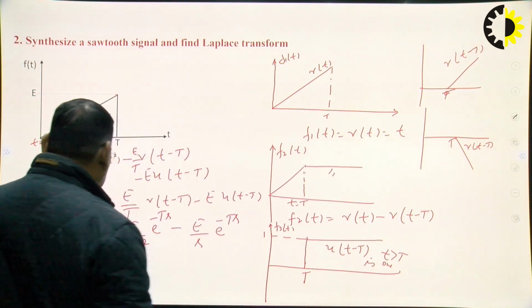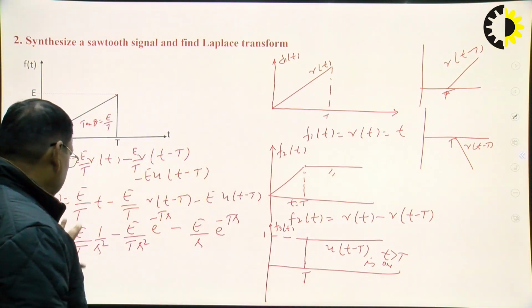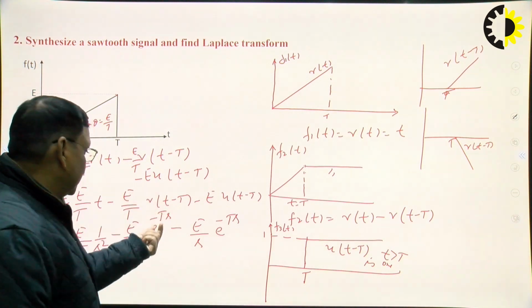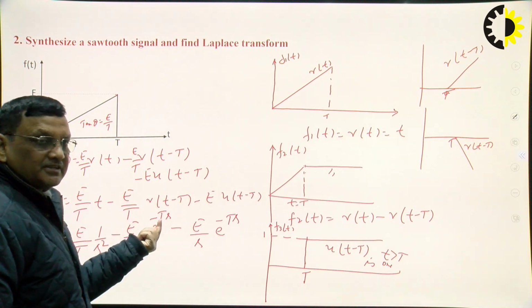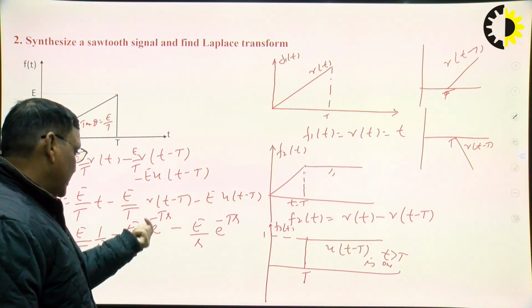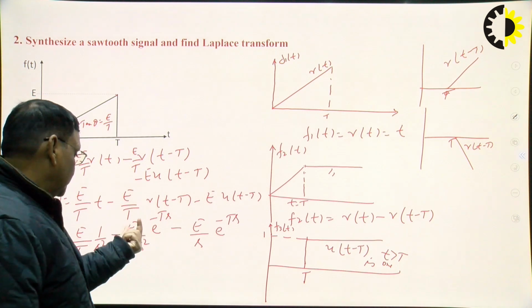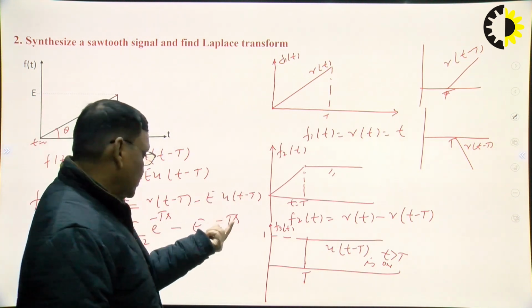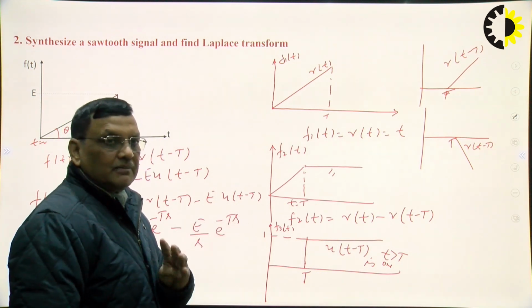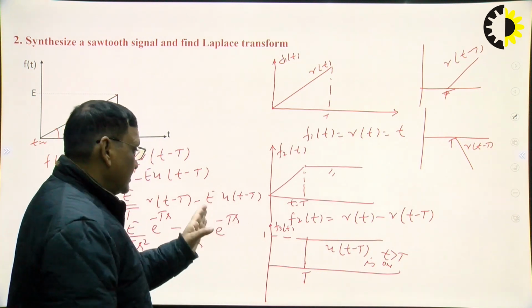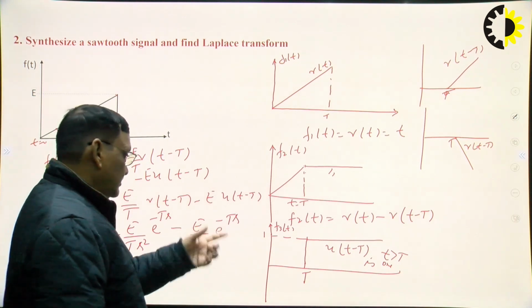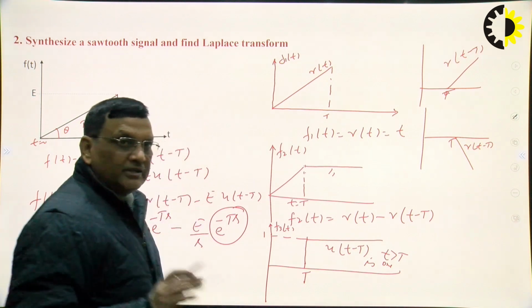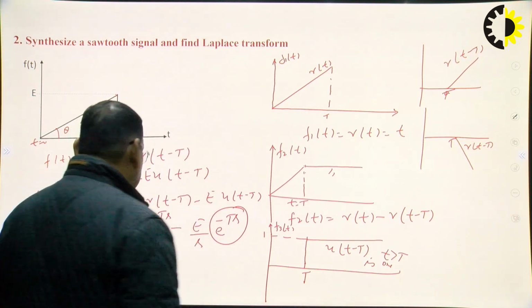The Laplace transform of a ramp is 1 by s square, and this is the slope. For a shifted ramp, we multiply by e to the minus Ts, and the slope is E by T. Similarly here, for the unit step the Laplace transform is 1 by s, and for the shifted unit step we multiply by e to the minus Ts.